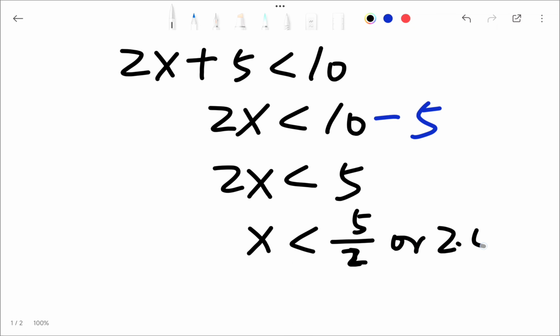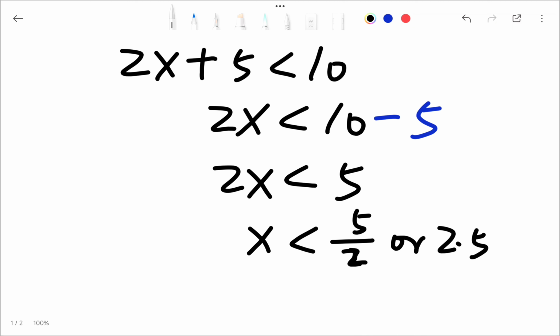Or 2.5. Although this is an inequation, if we need to multiply or divide one side by a number, we still need to do the same on the other side to keep it balanced.